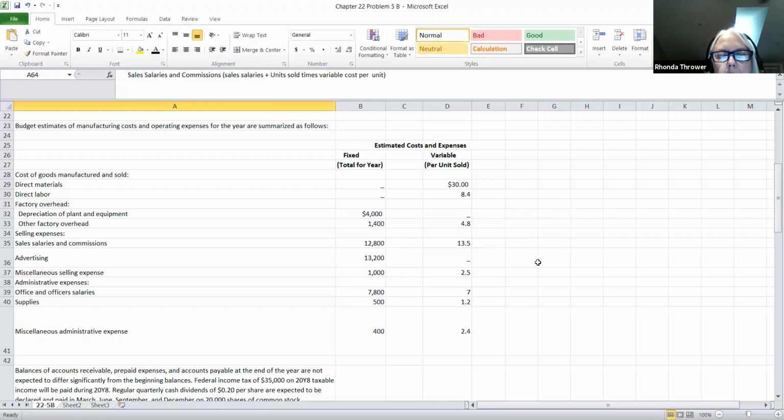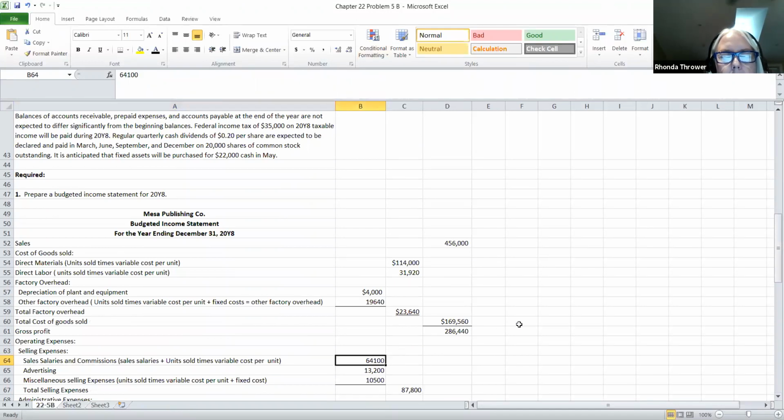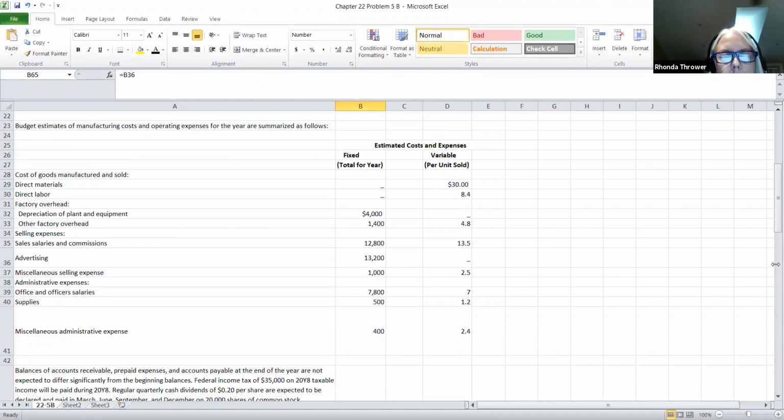And we'll add it back to the salary, which is a fixed cost, to give us the total mixed cost of $64,100. Your selling expenses also consist of advertising, and advertising is a fixed cost. So we simply pick up the amount of the advertising, which is the fixed cost of $13,200.